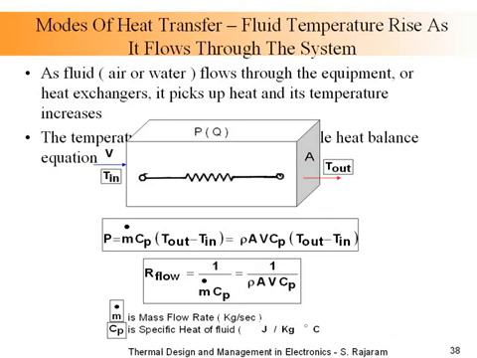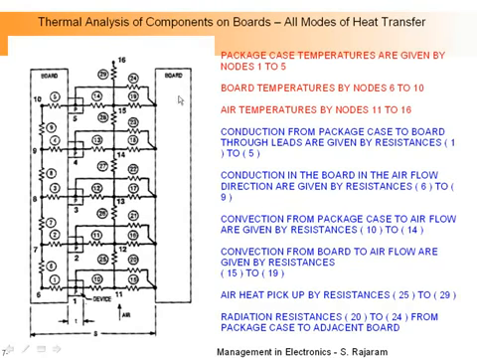So an example of all of those is shown here. You've got 2 different boards. Air is flowing between these boards. I won't go through this in detail; I will give you the slides for this. Basically, you've got all those modes present here: conduction, convection, radiation, and finally, flow.